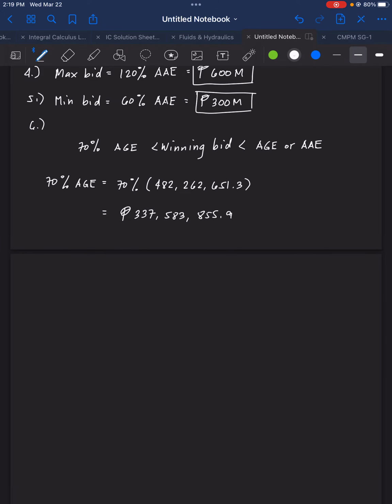Okay, therefore among the bidders, let's put here the value. So among the responsive bidders, this is the 70% of AGE, 337,583,855.9.